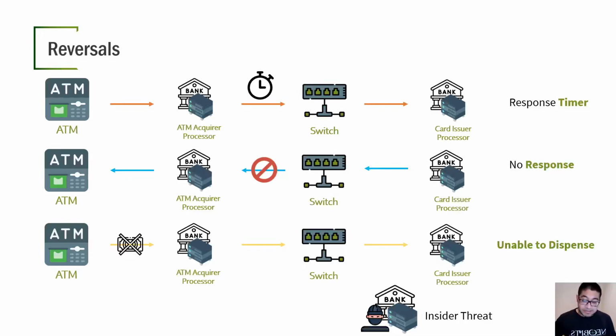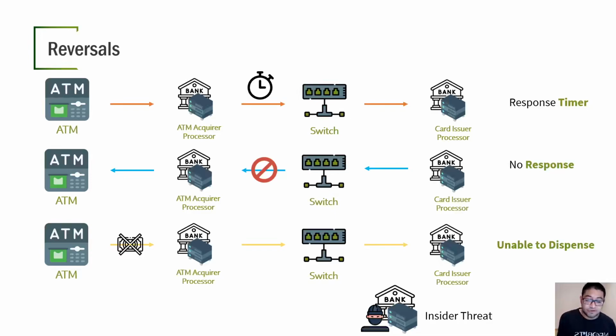The ATM will not dispense partial notes, it will not dispense at all, and because of this it will send a message to the card issuer processor, so they know they have to do a reversal to that account, because the amount was already debited from the account and the customer will need the money back.